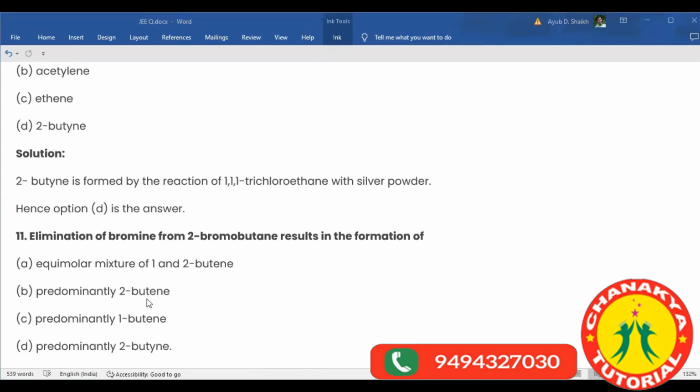Fine, no issues. Elimination of HBr from 2-bromobutane results in the formation of what? What would be the structure? Butane would be here, I'll write. CH3, CH2, CH2, CH3. This is normal butane. 2-bromo means at the second position there would be bromine. 1, 2, 3, and 4. Balance has been satisfied. So what they said, elimination of HBr from 2-bromobutane results in the formation of what?